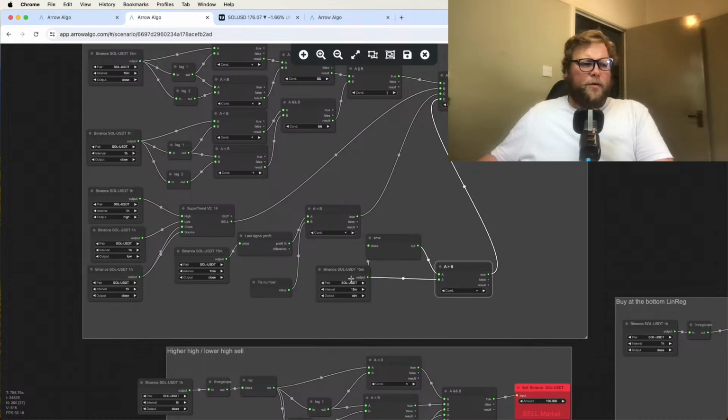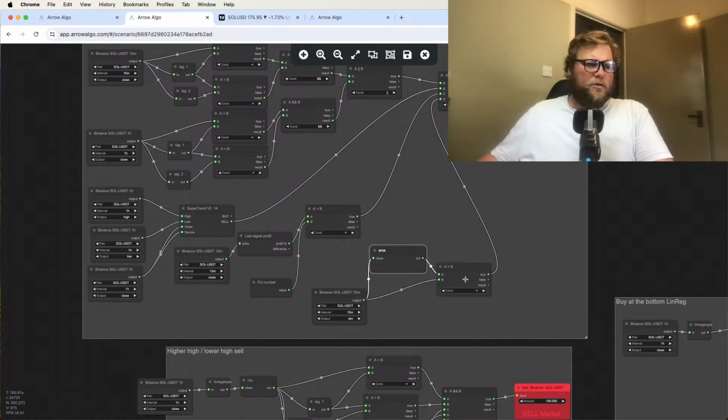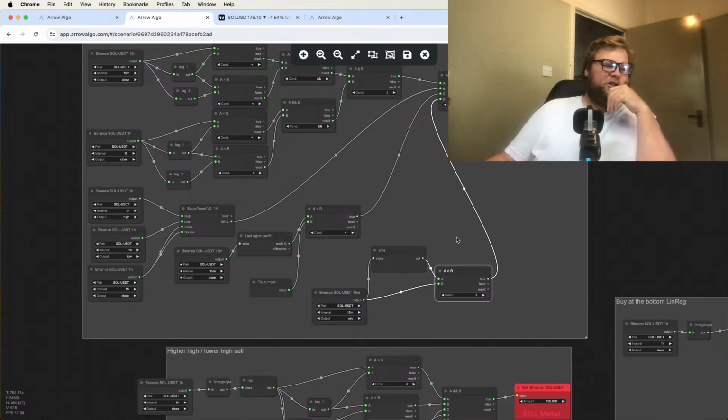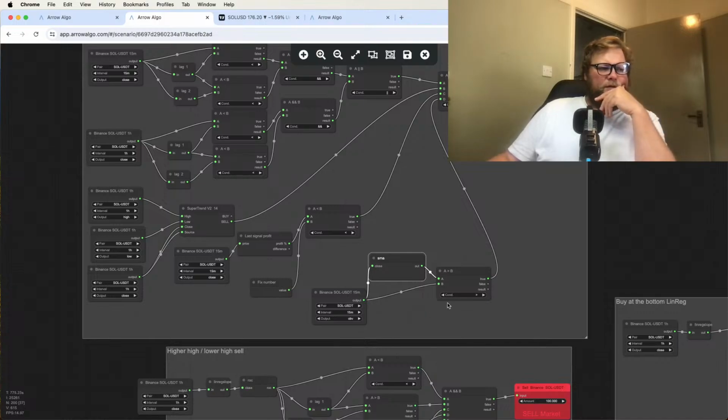I've got another video on YouTube where I talk through on-balance volume in detail, how it works, what it's used for, so go and check that out if you're unsure. But essentially it's looking at whether volume is flowing into or out of the asset. So we're saying the OBV is less than its moving average.